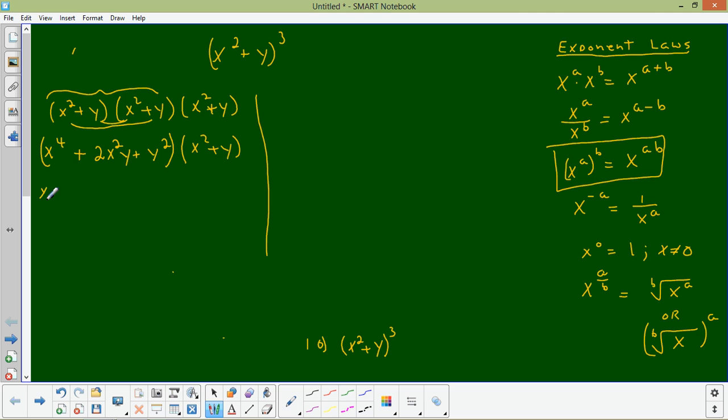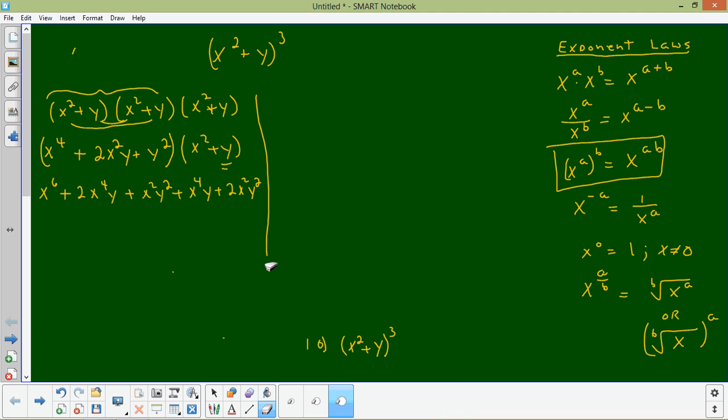So when the x squared multiplies through, that's going to give you x to the sixth plus 2x to the fourth y plus x squared y squared plus x to the fourth y. Now I'm multiplying the y through, plus 2x squared y squared.